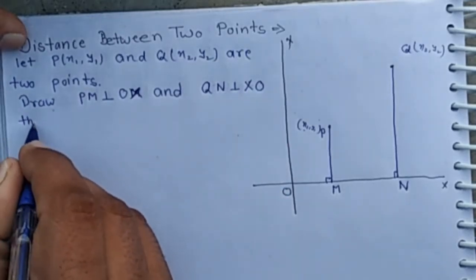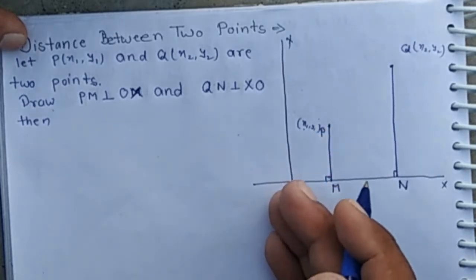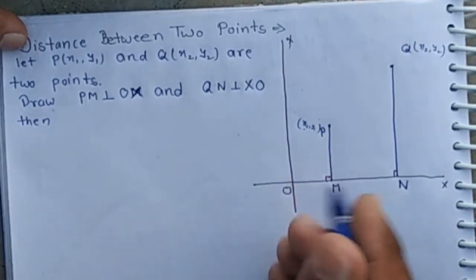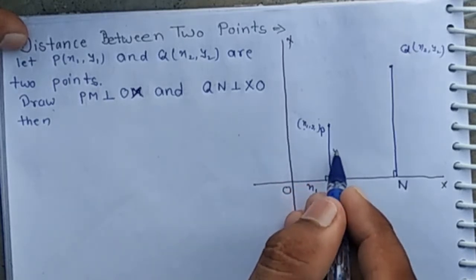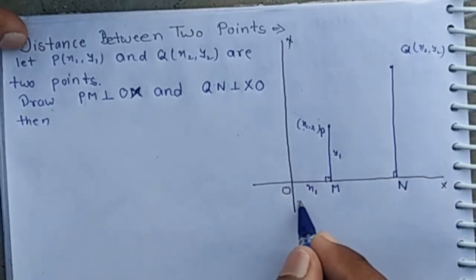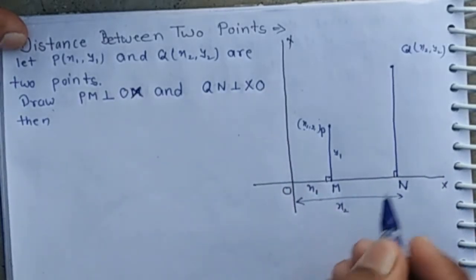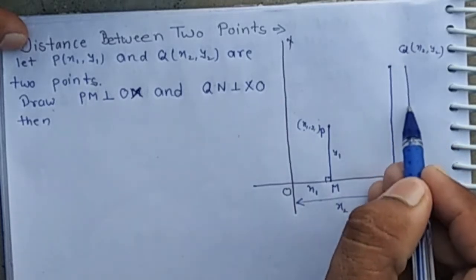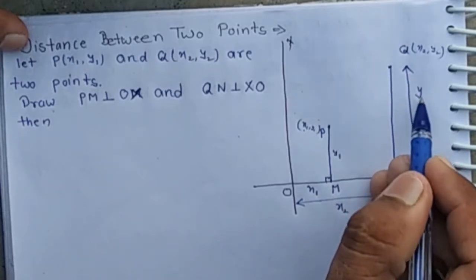Then the distance of point P from the y-axis is x1 and PM distance is y1. Similarly, ON distance is x2 and QN distance is y2.